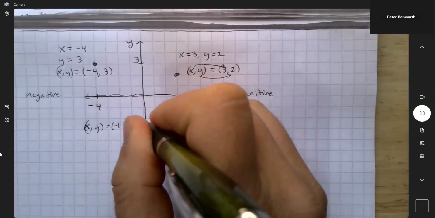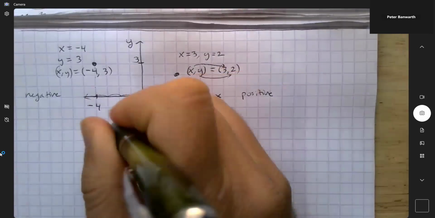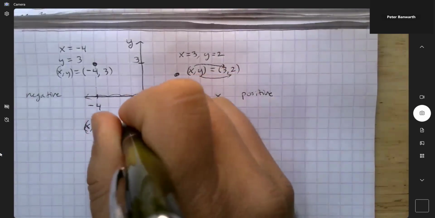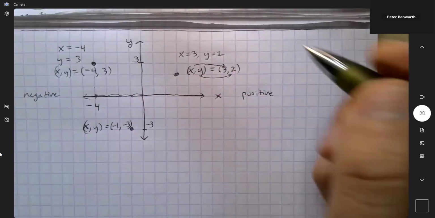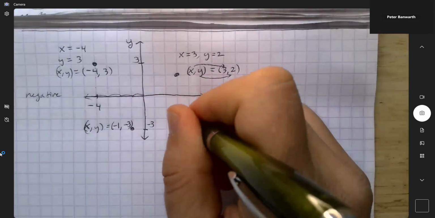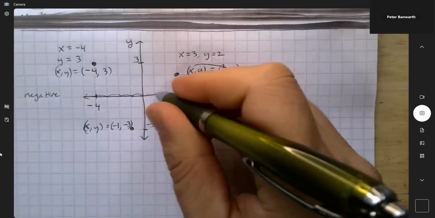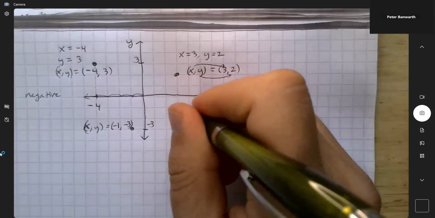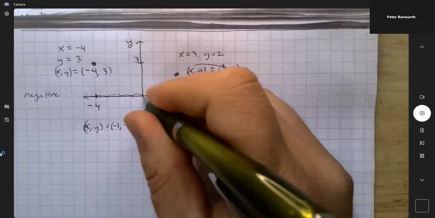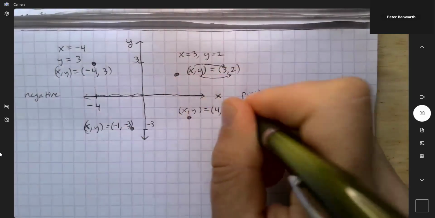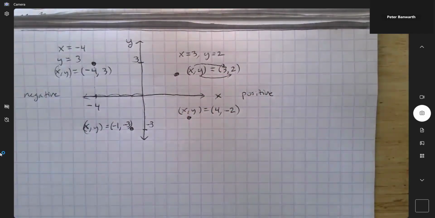And so instead of saying down, we just make it a negative. Y is -3. And finally, over here on the right, x took 4 steps to the right, and y took 2 steps down, so we say it's a -2.